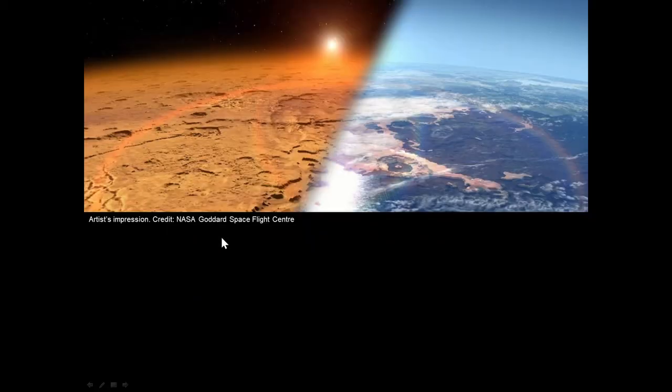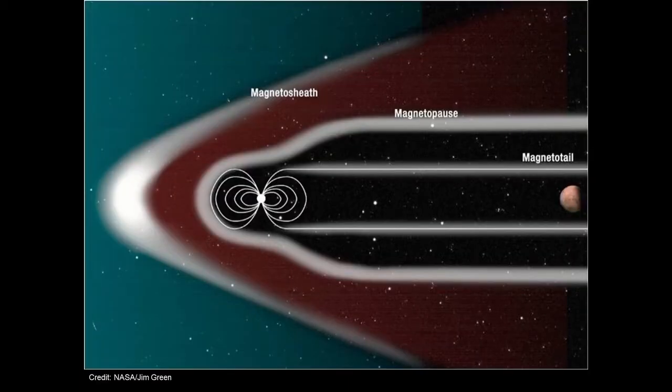Mars does not have a molten core, so it doesn't have that shield. And whatever atmosphere Mars does have, it does tend to get kind of blown away by the solar wind. So if you could terraform Mars, like get a stronger atmosphere on it, then you'd have the greenhouse gases that would warm up the planet and melt perhaps the water that's on it.